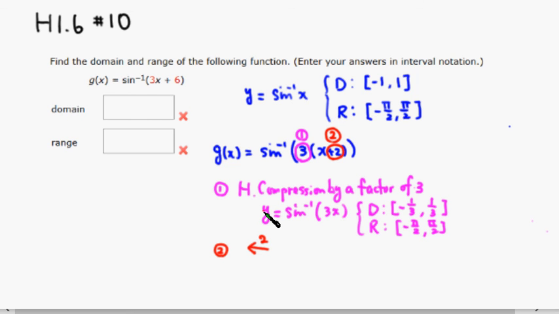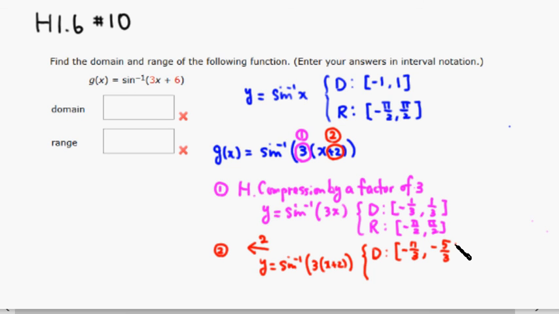The function is y equals arc sine of 3 times x plus 2, so the domain changes. We subtract 2 from each endpoint: -1/3 minus 2 would be -7/3, and +1/3 minus 2 would be -5/3.